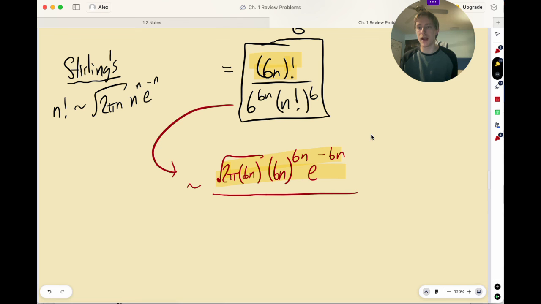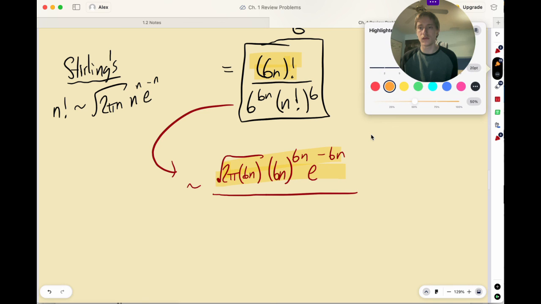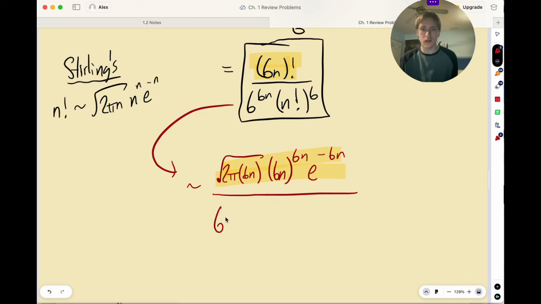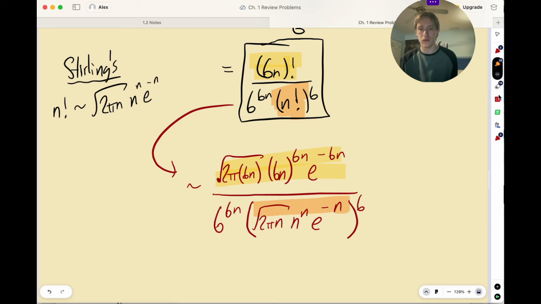And that is going to be divided by 6 to the 6n times n factorial to the 6th power, which I can now do in orange. And that is going to be square root of 2 pi n, n to the n, e to the minus n.